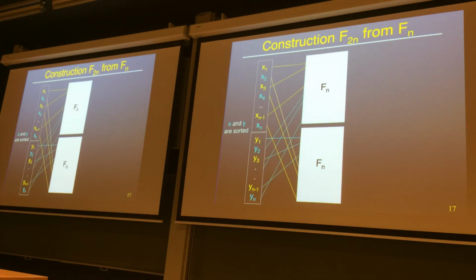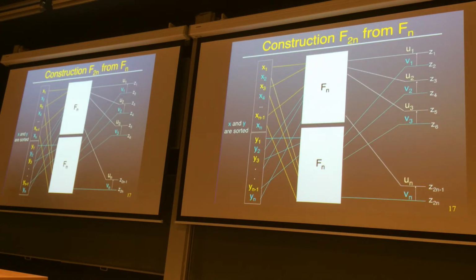For the second input, the same happens. The odd inputs are fed to the corresponding network, y1, y3, up to yn minus 1, and the even ones are fed to the second merging network. So each of these networks receives half of the original input vectors. Then we consider their outputs, and these outputs are now pairwise compared.